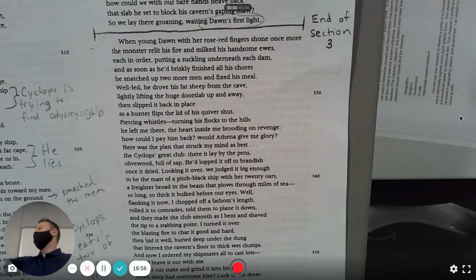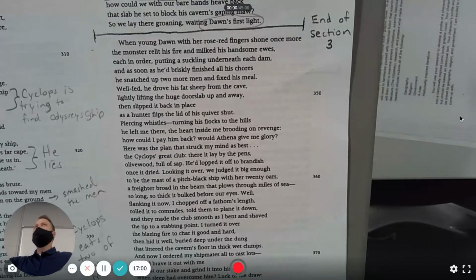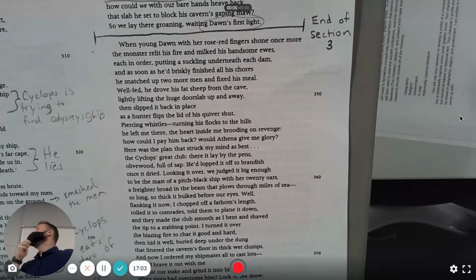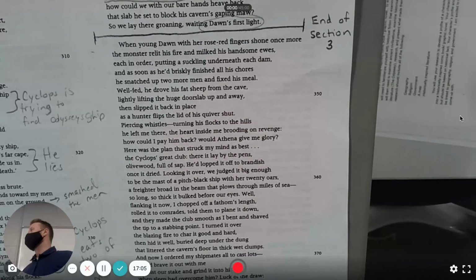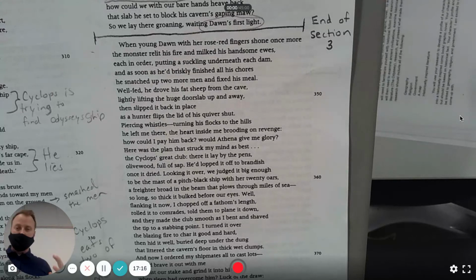Jaden, what did the Cyclops just do? Yeah, perfect. He ate 2 of the men by smashing them on the ground, ripping them apart, and just eating them down, okay? And then the Cyclops goes to sleep.